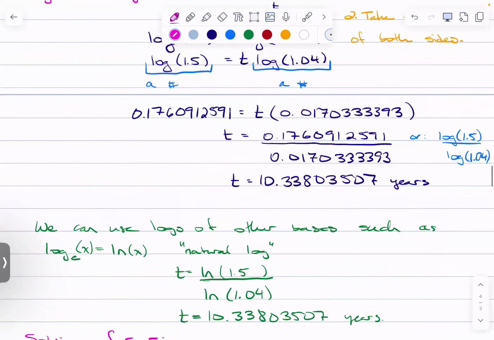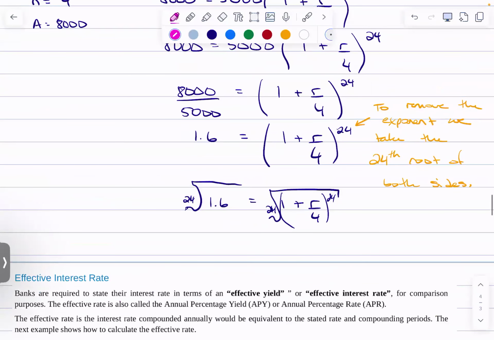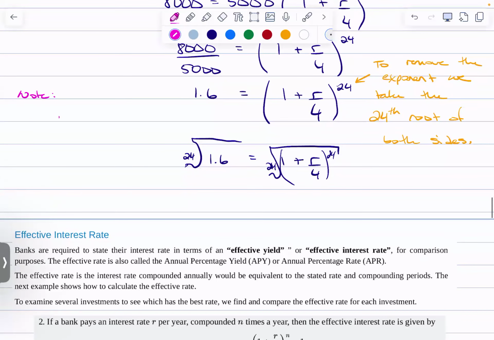Pink means it's important, so note: the nth root of a is the same as a to the 1 over n, just generically.